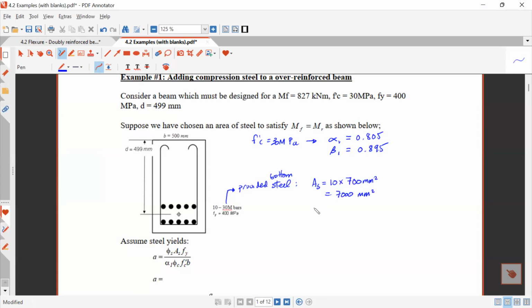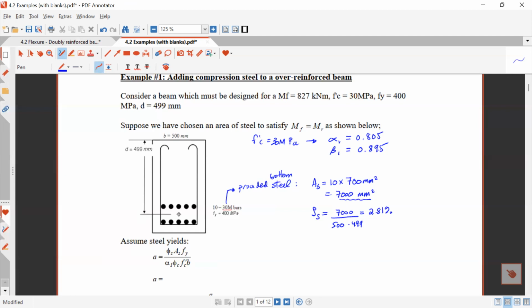Okay, let's just calculate rho S because I'll use it later. Rho S is 7,000 over b times d, or 499. So that's 2.81%. Okay, we'll come back to this amount of steel. For now, let's just start with this here, 7,000 millimeters squared.